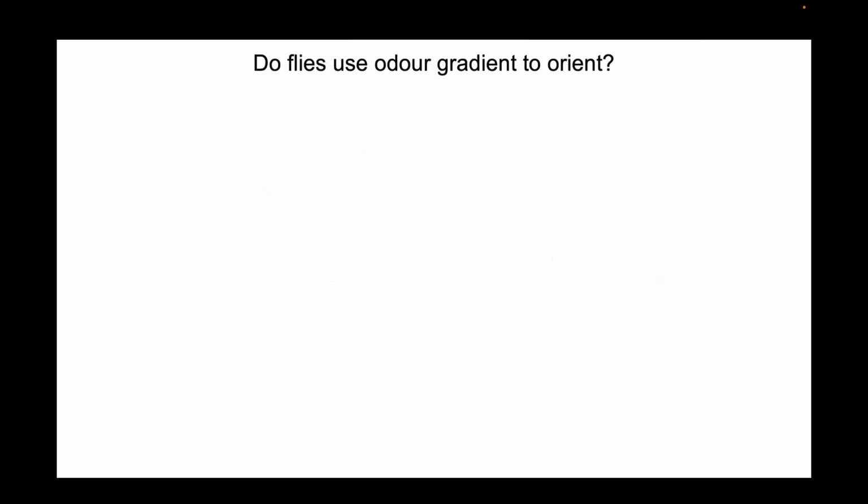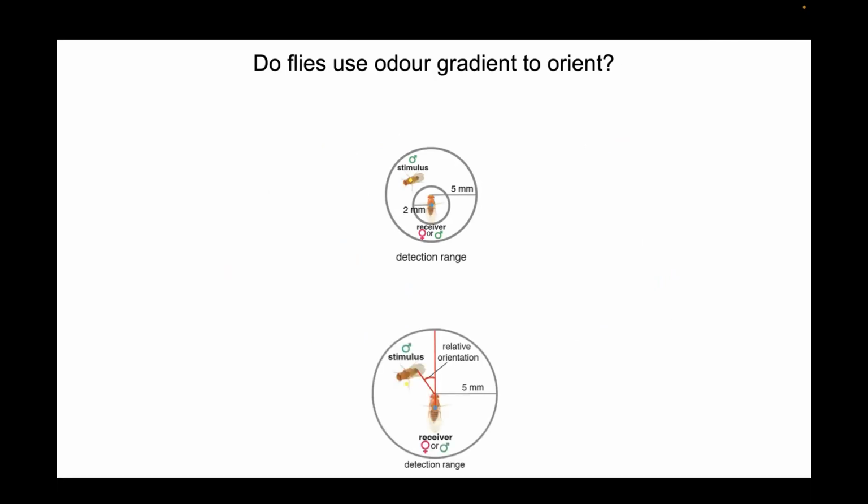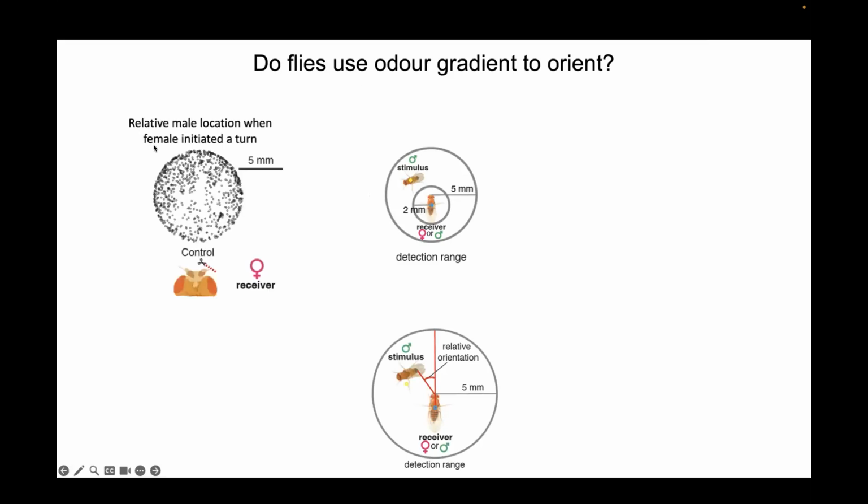Can flies use this odor gradient to orient in space? To answer this question, I put a male and a female freely walking in this arena, and I measured if the female made turns when she entered this sphere where she can sense the CVA smell. So I looked at the orientation of the female within CVA sensation range. And as you can see here, the location of the male when the female initiated a turn is quite uniformly distributed between left and right.